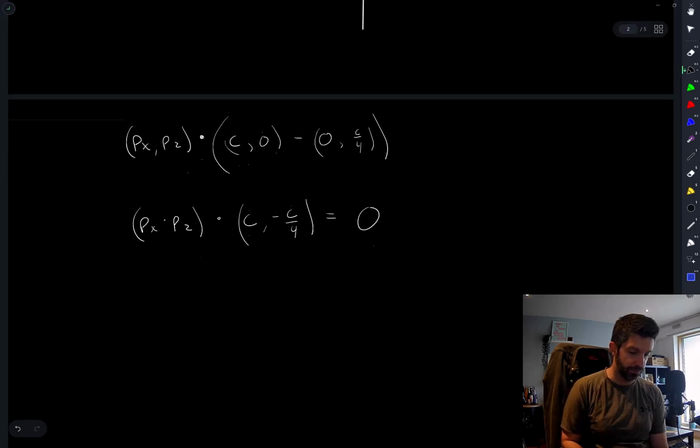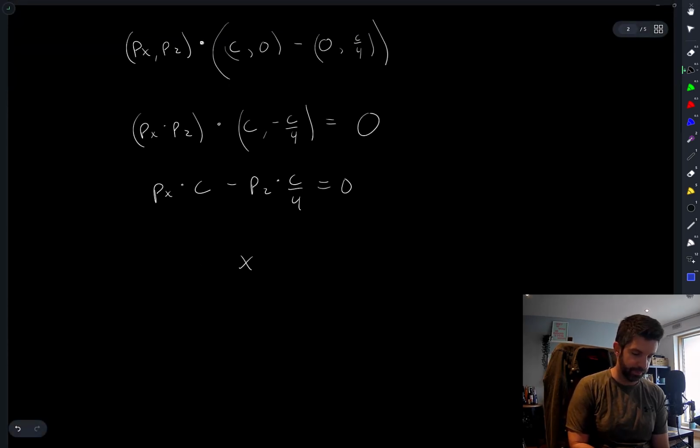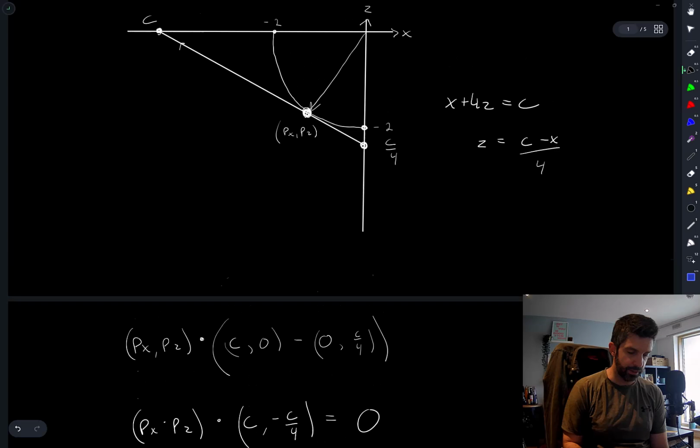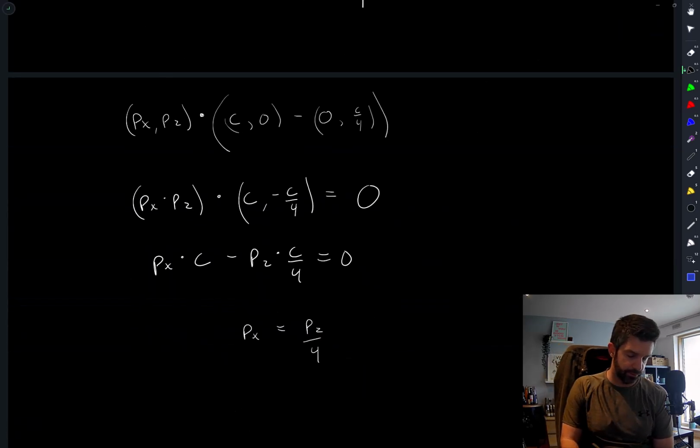So that has to equal 0. So I have px times c minus pz times c over 4 is equal to 0. So px is equal to pz over 4. And I also have that this point lies on the line. That doesn't find the value of c, does it?